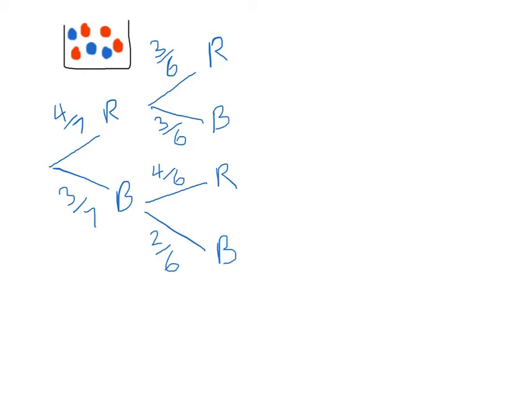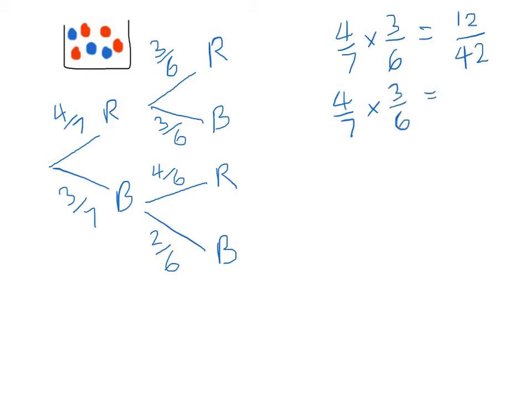So the probabilities then of picking a red and then a red, so that will be our 4/7 multiplied by the 3/6, which gives us 12 out of 42. The next one, so picking the red and then the blue, will give us 4/7 multiplied by 3/6, so it works out the same as the above, 12 out of 42.